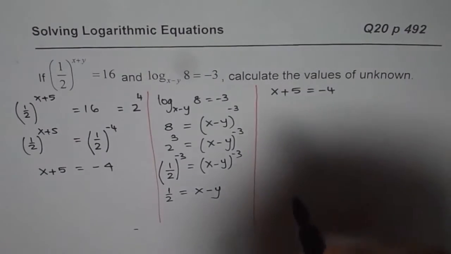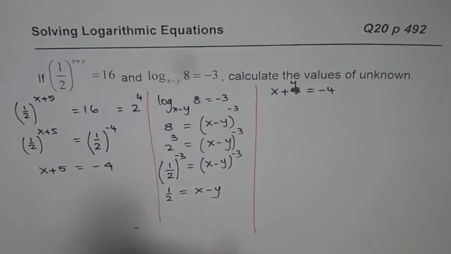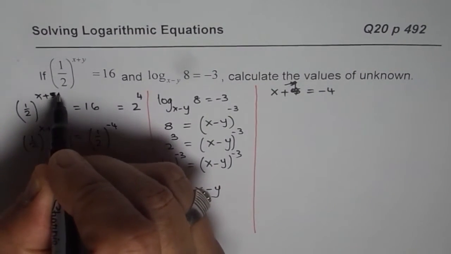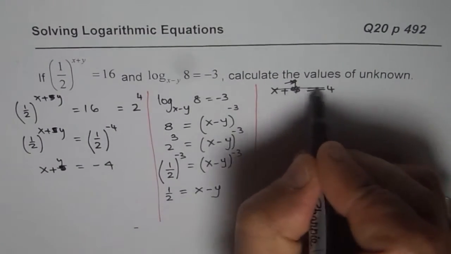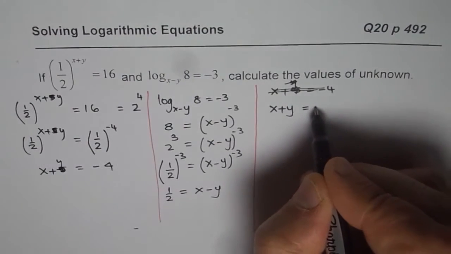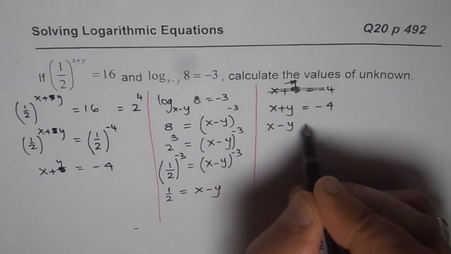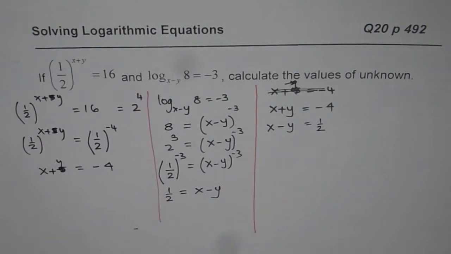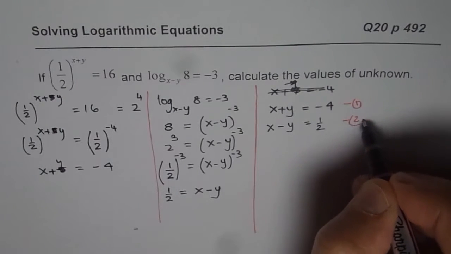I wrote it wrong, let me change this. So let me write nicely: x plus y equals minus 4, and the other one is x minus y equals half. These are my two equations, and by elimination we can easily solve them, correct?